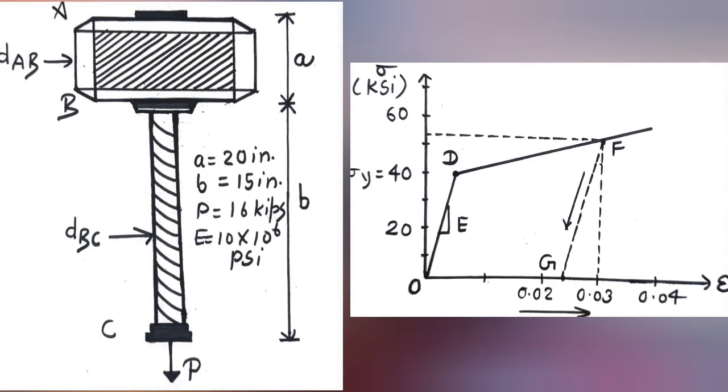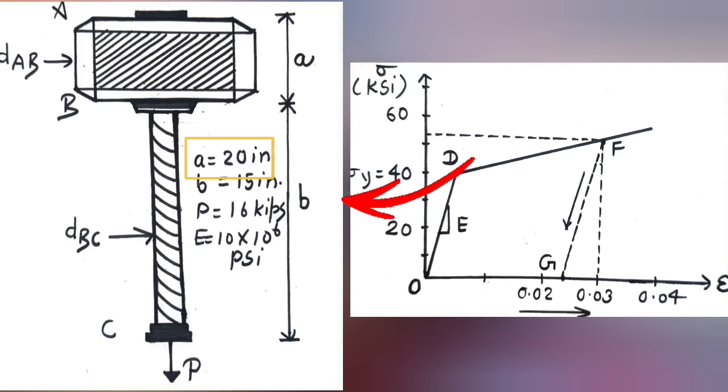Before going to the solution, let's look at these two figures: the hammer dimensions and the stress versus strain graph. In the figure of the Mjolnir, you can see the dimensions. The length of the hammerhead is denoted by small a, and a is 20 inch.